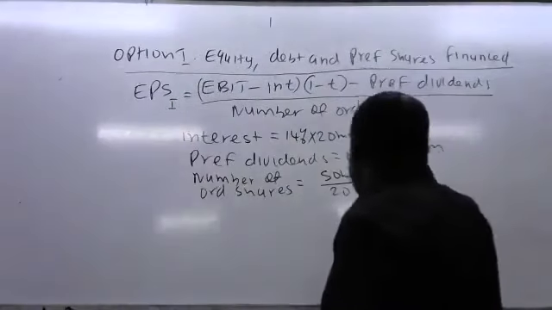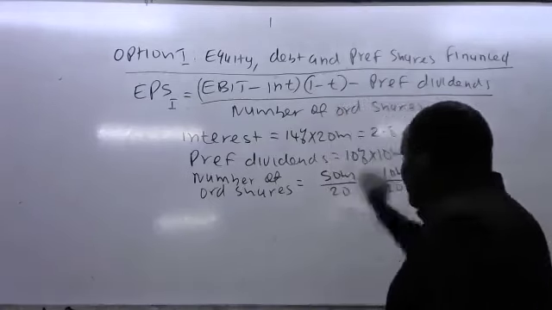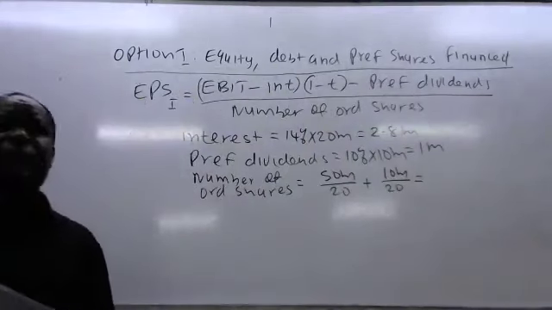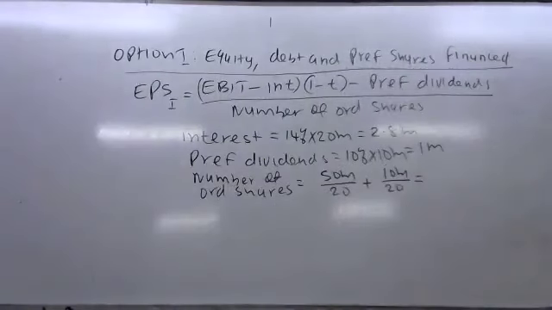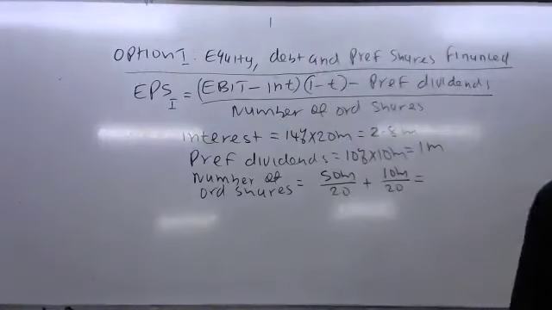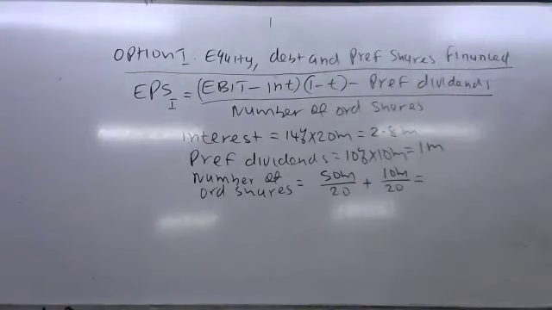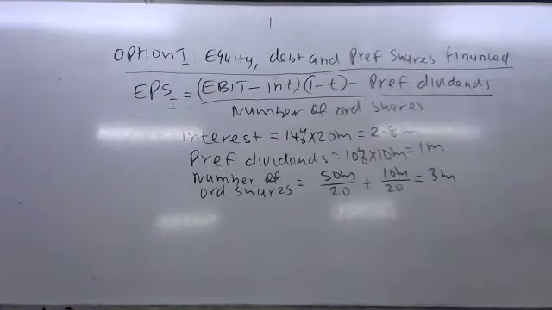So the amount to raise is 10 million, and each share will be issued at 20. That now gives us the total number of ordinary shares under option 1. So there will be how many ordinary shares? Exactly 3 million.